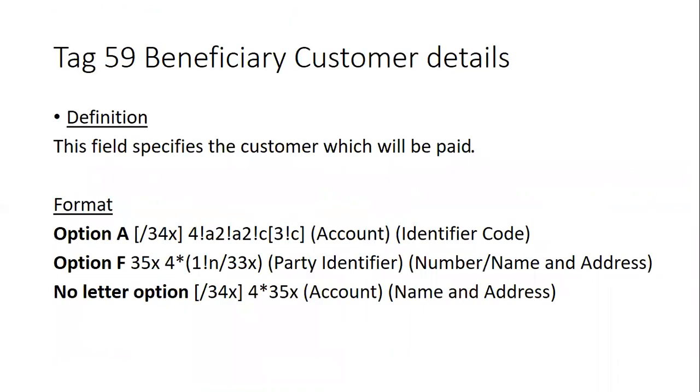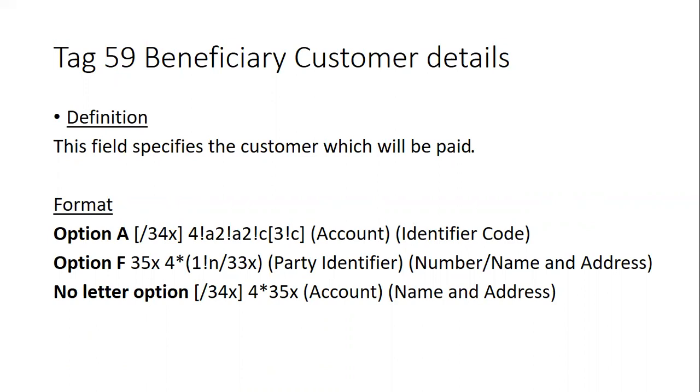All right. So tag 59 is our beneficiary customer details, and the definition as per the Swift MT category 1 message handbook is: this field specifies the customer which will be paid. Basically, the beneficiary customer account number, name, address and other information if it is required. Those are the information which you need to provide while sending the data using any of your net banking channel or any of the banking channel.